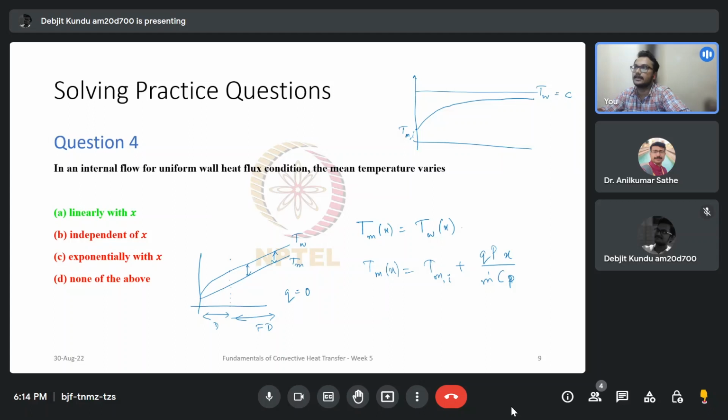So at x tends to infinity, it becomes equal. So it's an exponential decay of this gap between wall temperature and bulk temperature. Remembering these graphs can remind us whether it varies linearly, like in this case, or exponentially, like in this case.